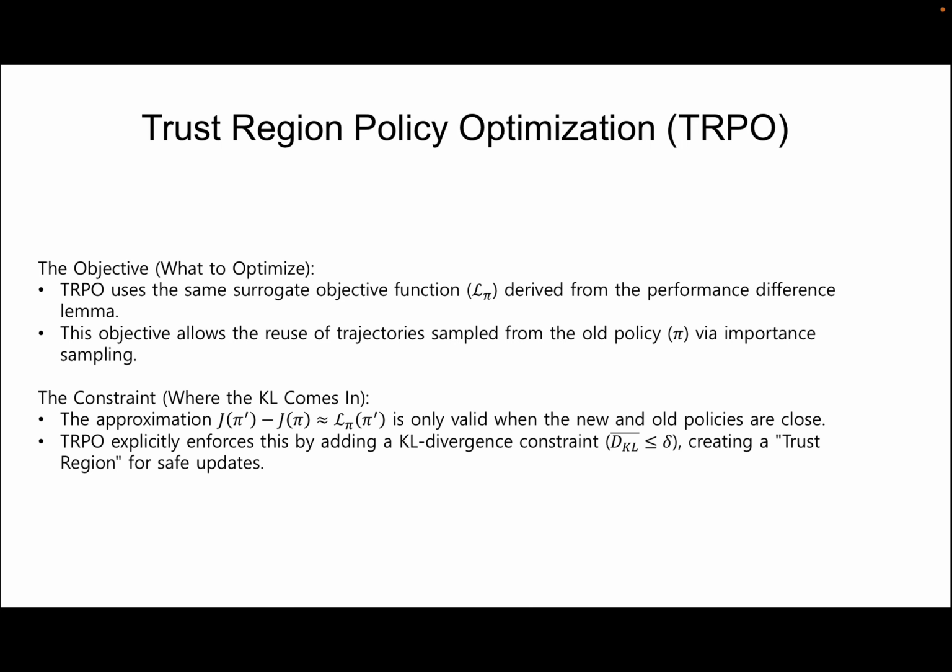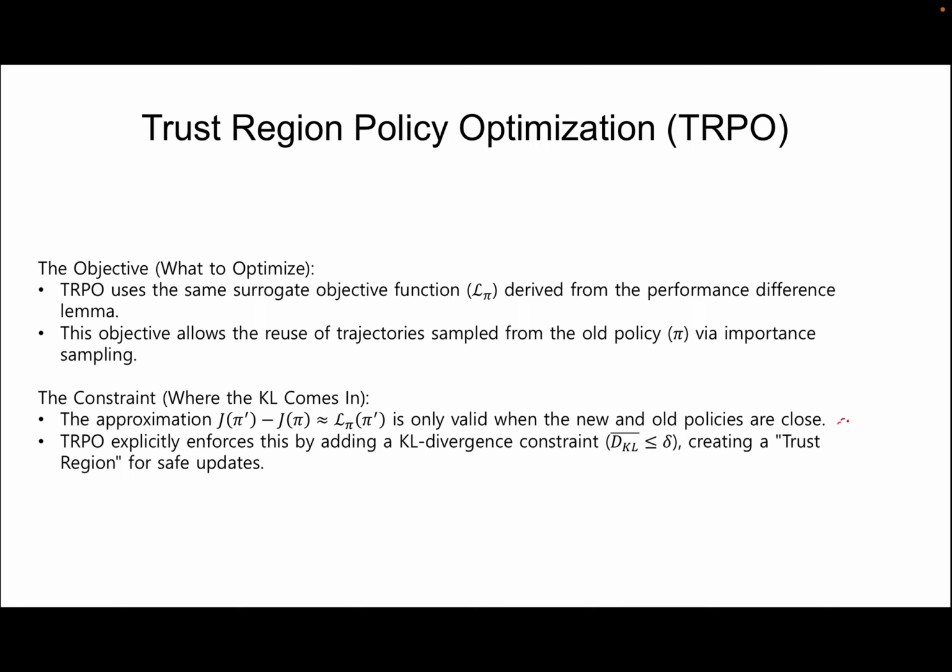TRPO uses the same surrogate objective function that we learned in the previous class, derived from the performance difference lemma. This objective allows us to use the trajectory samples from the old policy by importance sampling, and the constraint is where KL divergence comes in. The approximation is only valid when the new and old policies are close.